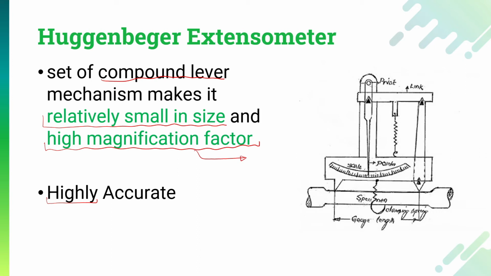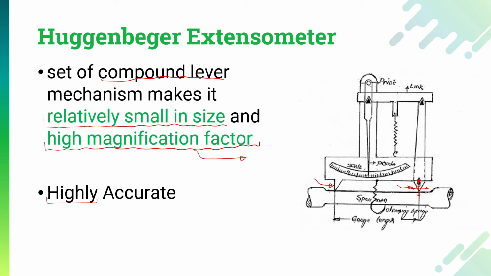In this particular extensometer, you can see that this is the fixed knife edge pointer, and this is the movable knife edge pointer, which is fixed over here on the frame. This pointer will be able to move in the lateral direction as well as the transverse direction.